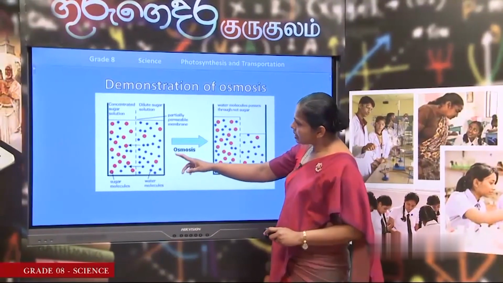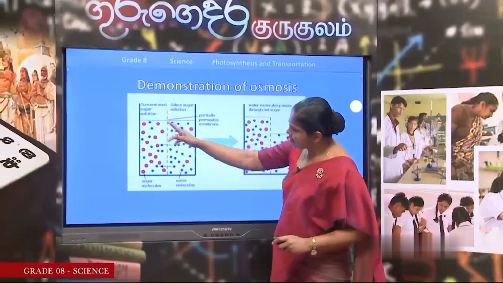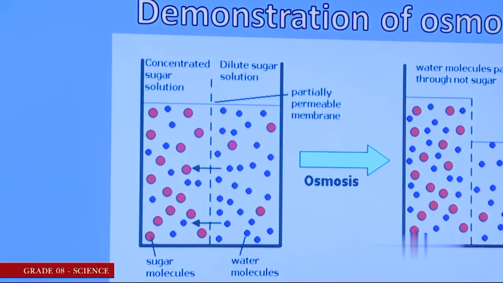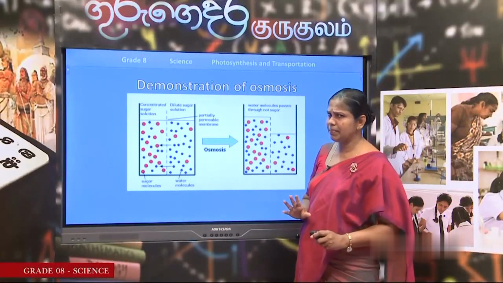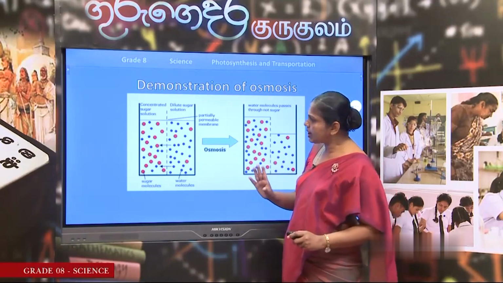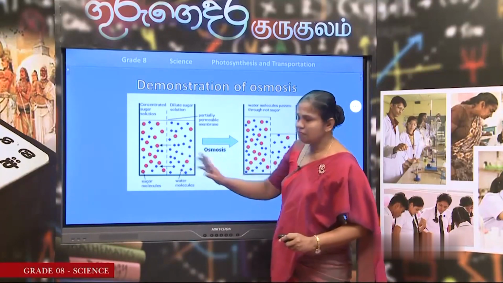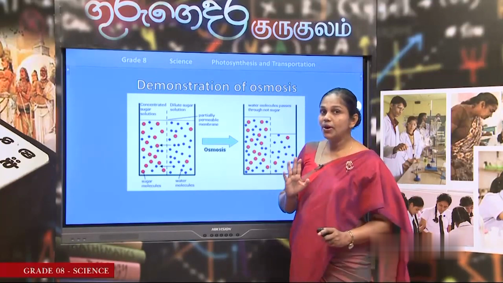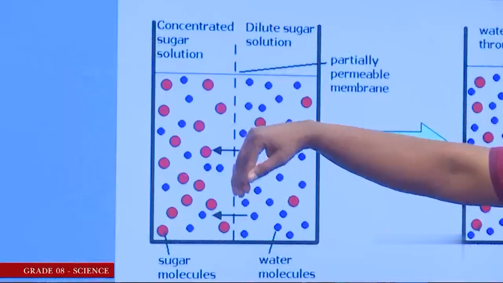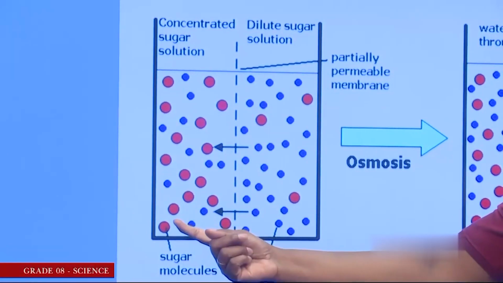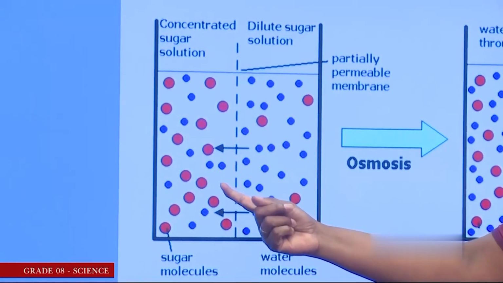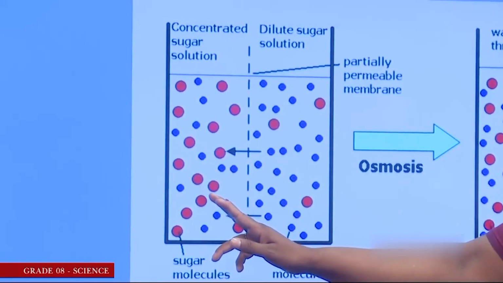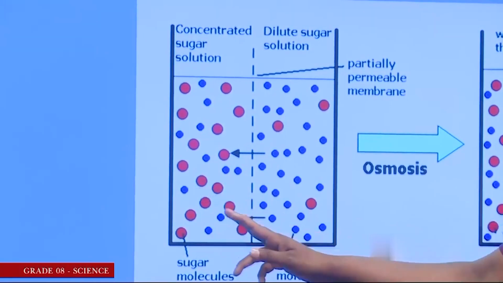diagram, children. Here the membrane given by these dotted lines is a semi-permeable membrane. I will explain what a semi-permeable membrane is later, right? Just look here. This is a membrane which allows only water particles to go through it, no other particles, right? Now, on this side, children, you can see these red dots represent sugar molecules, sugar particles. There are more sugar particles here, a very small amount of water particles.